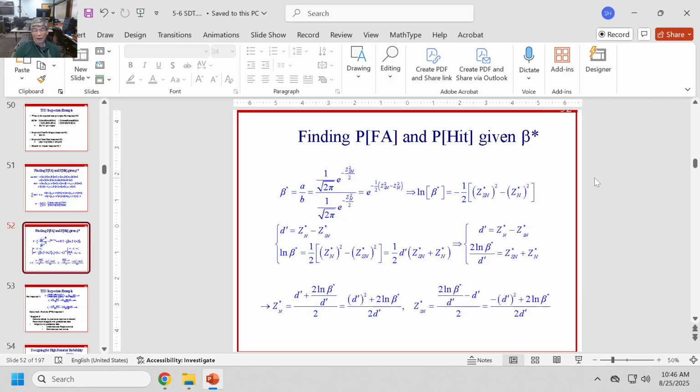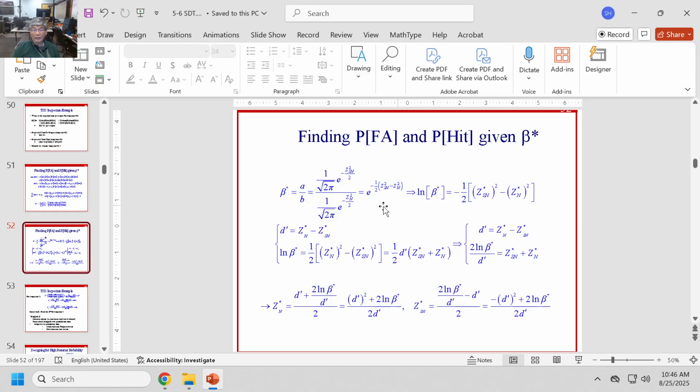And now let's do this mathematically. So beta star is based on the height A over B. So it is the square root 2 pi over square root 1, the scale cancels out. And it shows half of the upstairs minus downstairs.